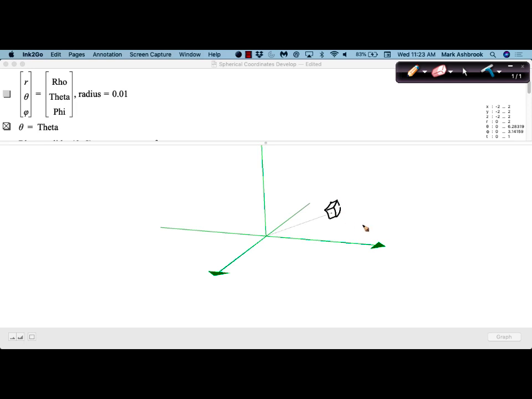That's the best rectangular element I've drawn all day. Okay, and that has dimensions. It has a length, a width, and a height. So we've got to figure out what those are according to a little change in rho, a little change in theta, a little change in phi.